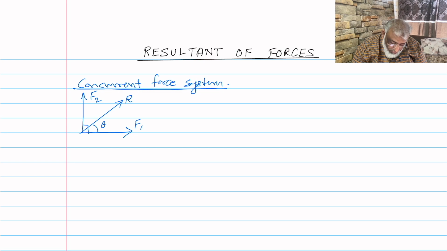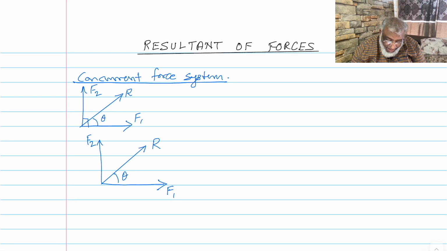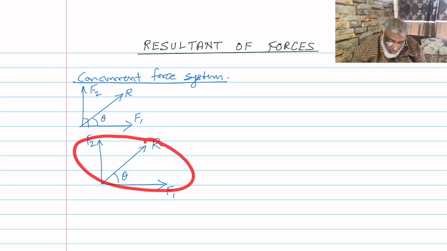So suppose we have two forces, one horizontal, one vertical, F1 and F2, then how do we combine these two forces to get an inclined force R, and what will be its angle? Both the diagrams look the same. What we learn here is the exact reverse of that in this portion.